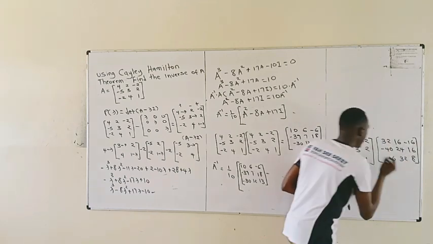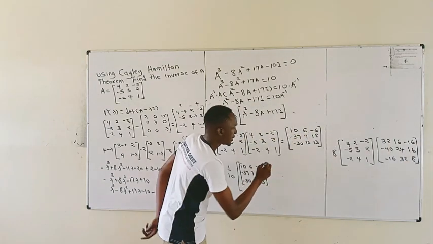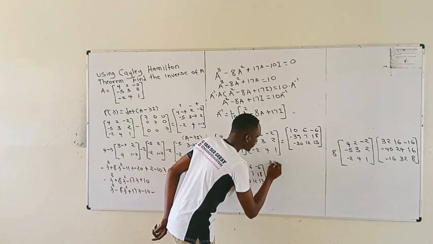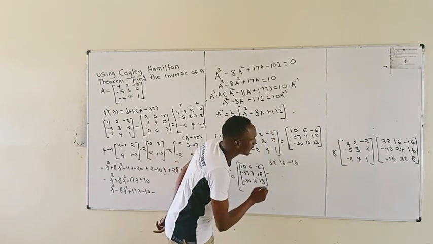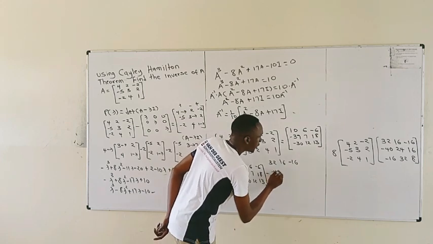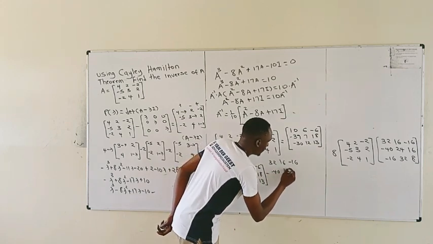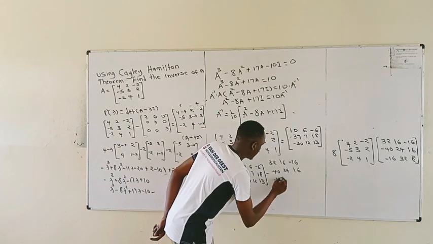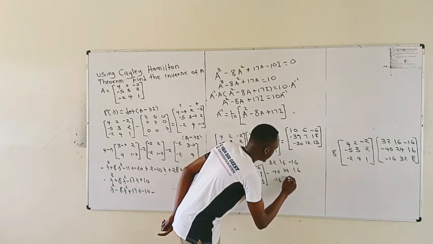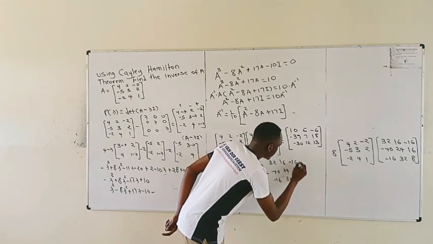So 8 times A is now 32, 16, minus 16, minus 40, 24, 16, minus 16, 32, 8.